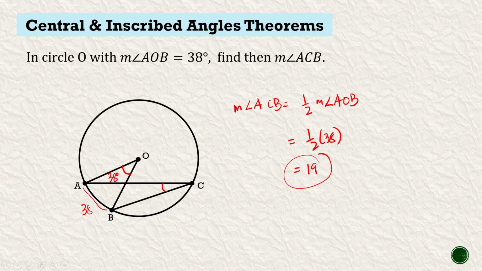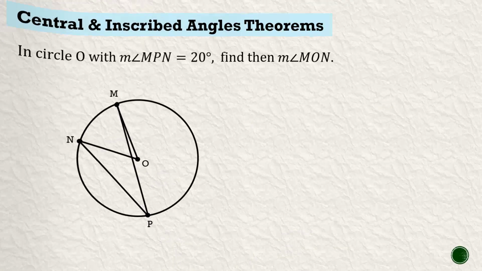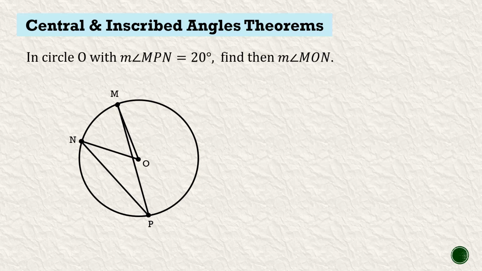All right, let's go to the next one. Here we have again a circle O, and the given is the measurement of angle MPN. This time the inscribed angle is given, which is 20 degrees. What we want to know is the measurement of angle MON. In order for us to know that, we need to know arc MN first, because the measurement of that arc is the same as the measurement of the central angle.